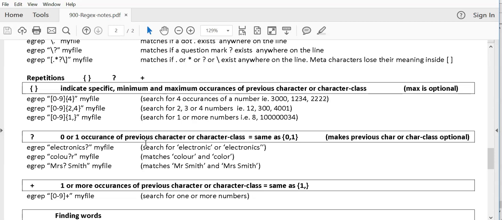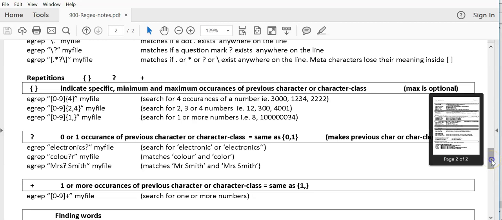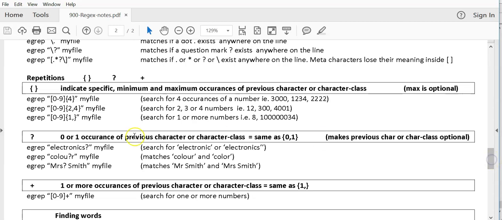So that's really, really interesting because it allows you to make the character that's before the question mark optional. What does that mean? Well, it means, for example, if I was looking for electronics, but I put a question mark here, what is the question mark going to act upon? Upon the character that is just before that. In this case, it's acting upon the letter S.